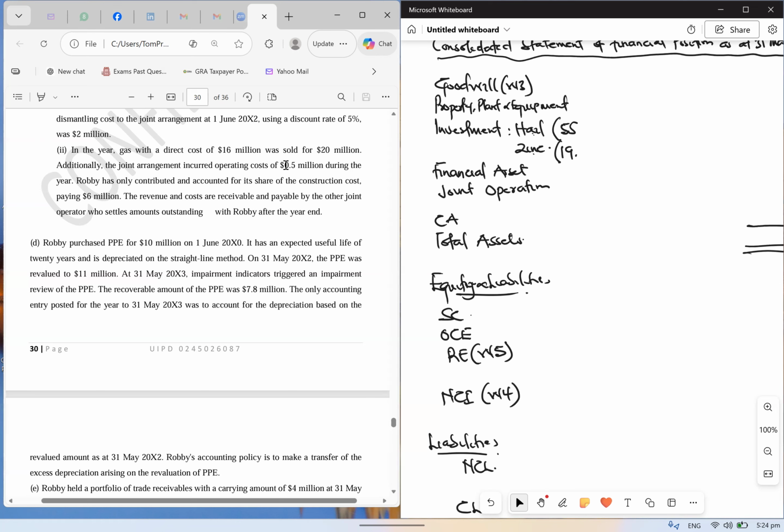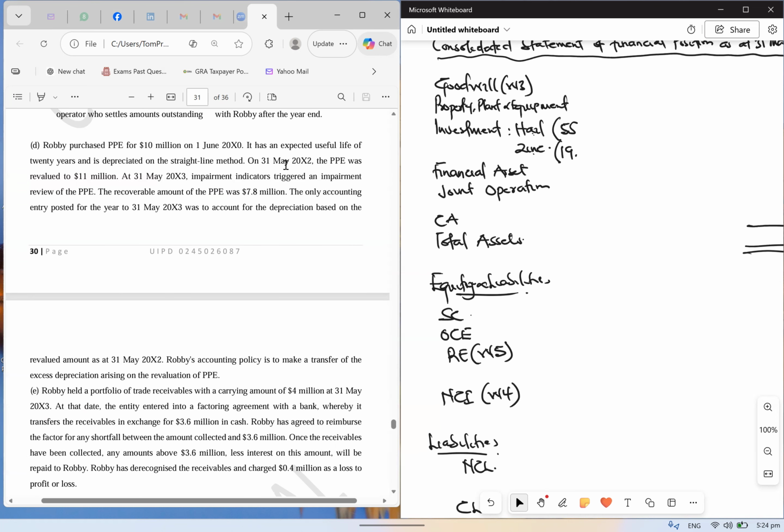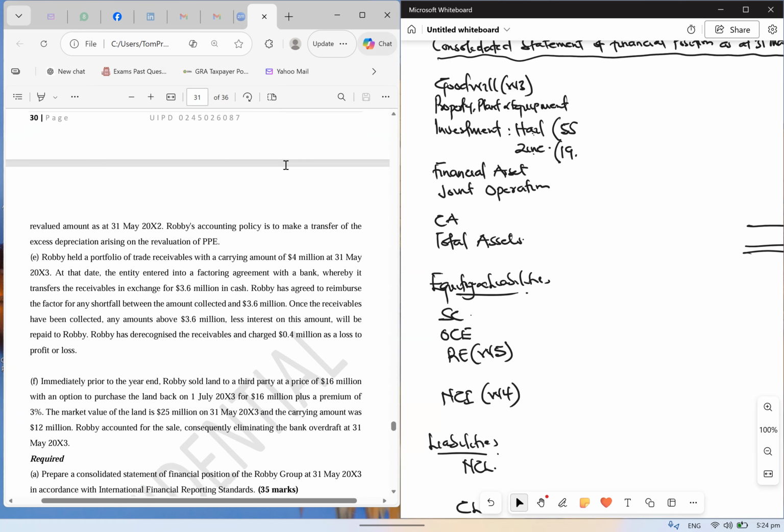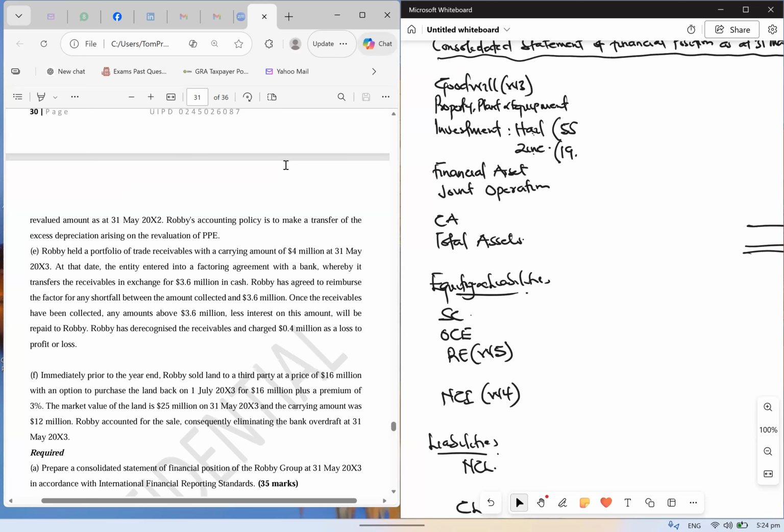The following accounting entry posted for the year to 31st May was to account for the depreciation based on revalued amounts as at 31st May 2022. The remaining: Robbie's accounting policy is to make a transfer of excess depreciation arising from revaluation of PPE. I hope you will remember this concept.